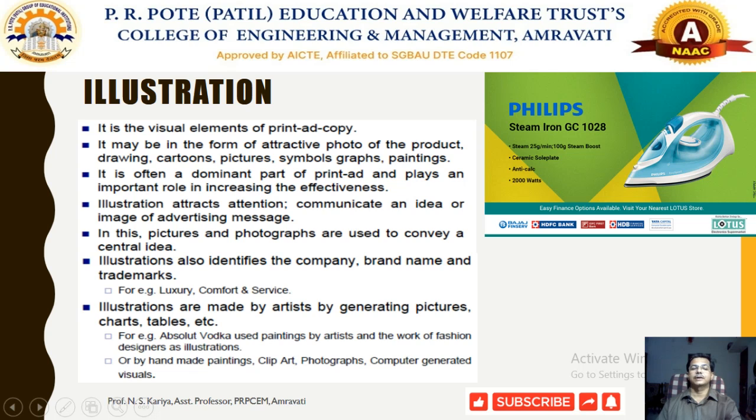For example, Absolut Vodka uses paintings by artists. It is a common advertisement, and works with fashion designers and illustrations. So some common theme has been useful. Illustration also helps define an advertisement theme. Handmade paintings, clip art, photographs, computer generated visuals or other forms of graphics are very popular nowadays to present the idea through illustrations.